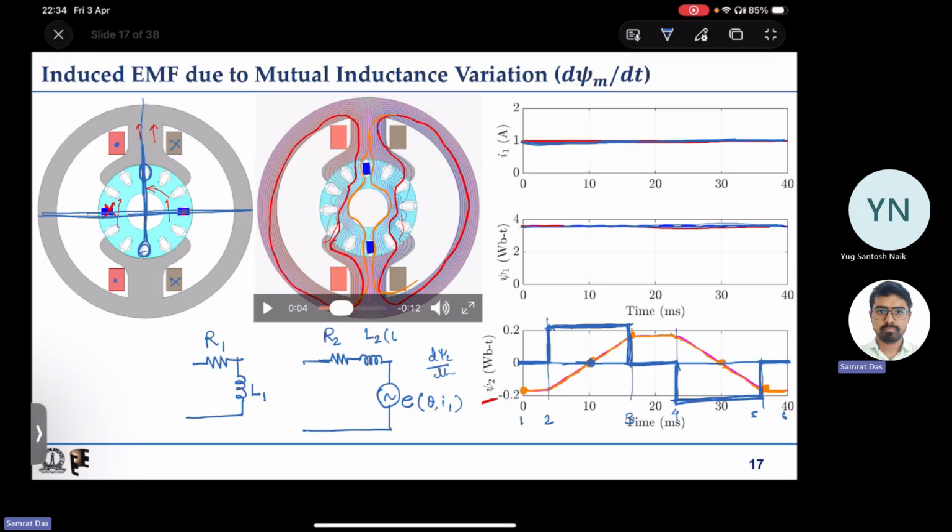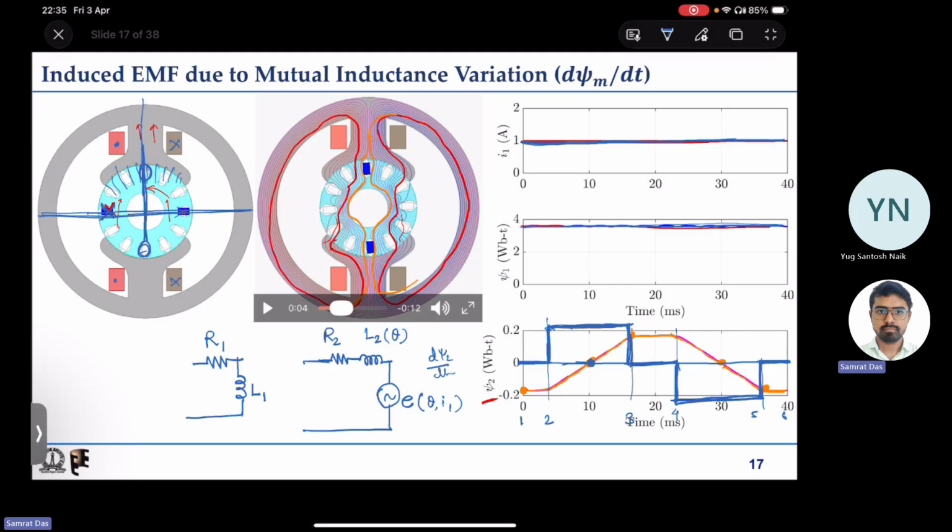L2 will also be a function of the rotor position, because if you consider the second winding excited, then at this rotor position the inductance is maximum, because the air gap is quite low.